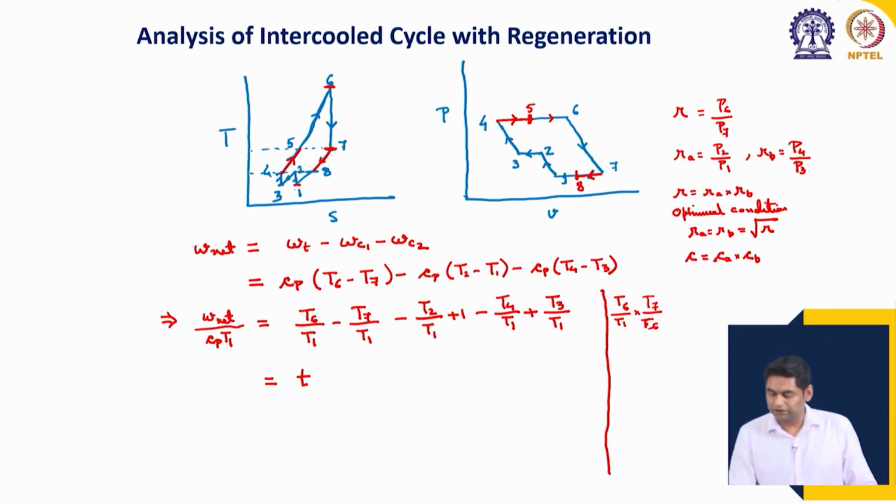So, T6 by T1 is equal to T, and T7 by T6 is equal to 1 by R to the power gamma minus 1 by gamma, which is 1 by C. So, this is minus T by C.